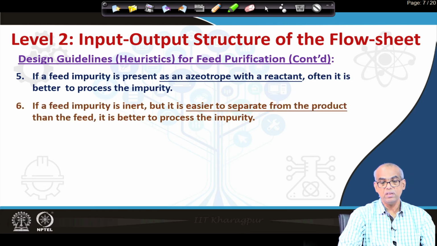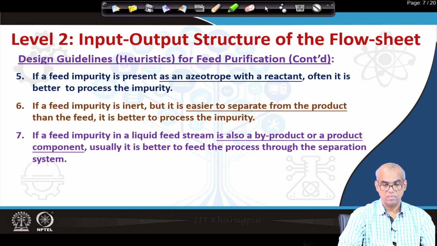If a feed impurity is inert, but it is easier to separate from the product than the feed, it is better to process the impurity. If a feed impurity in a liquid feed stream is also a byproduct or a product component, usually it is better to feed the process through the separation system.